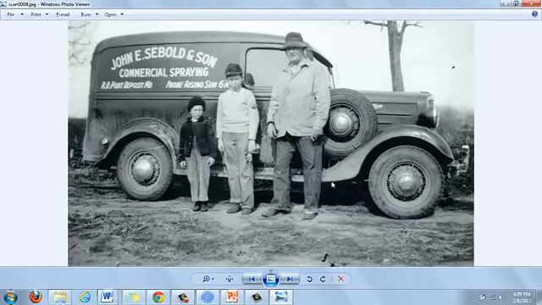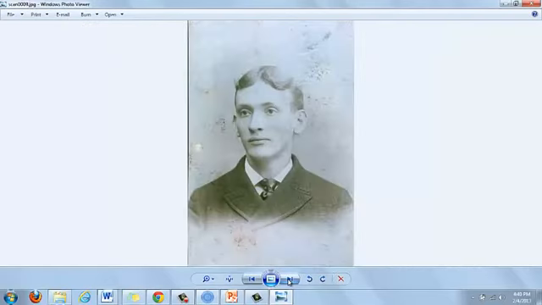He borrowed the money to start this spraying business, and within a year he paid back all the money he had borrowed. And like I said, the business continued until my father died. My father looks like he must be 10 here, so I would say this is probably sometime in the early 40s. But if any of you know more about cars than I do and think it's a little later or earlier, let me know.